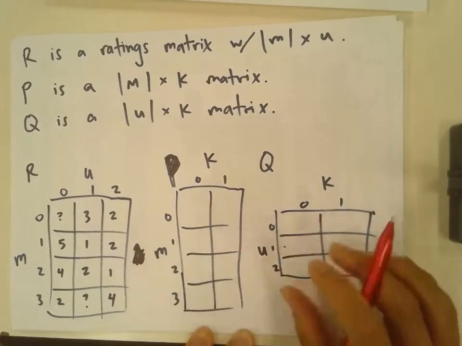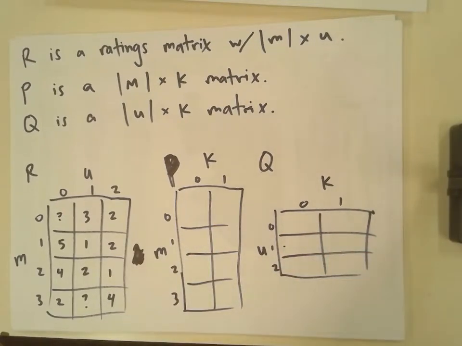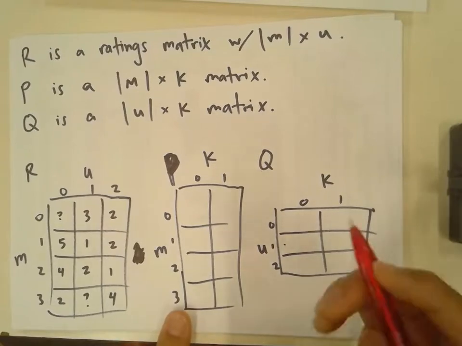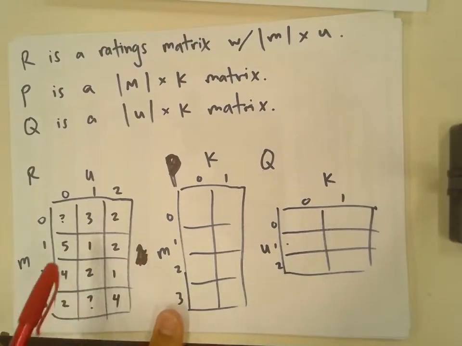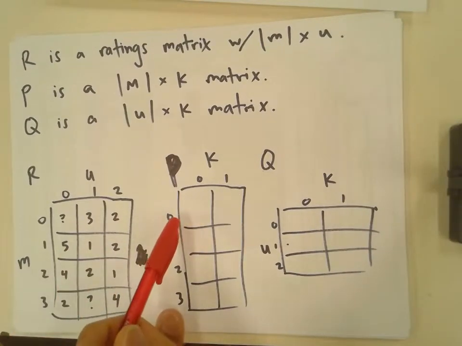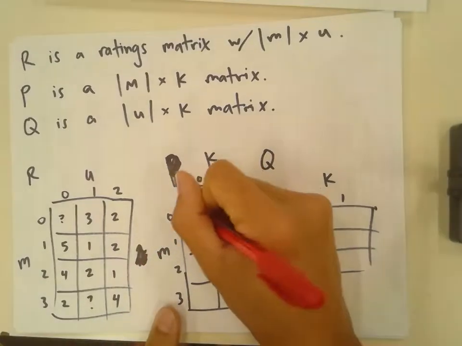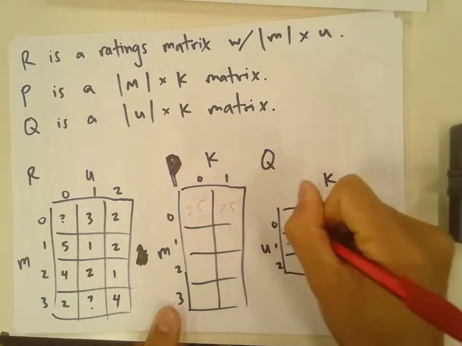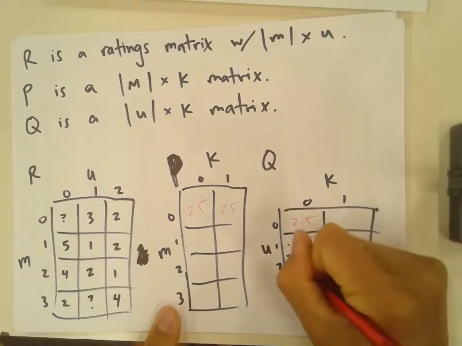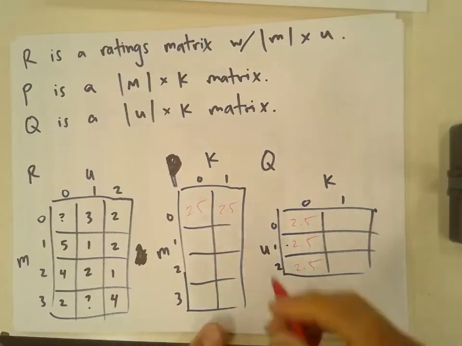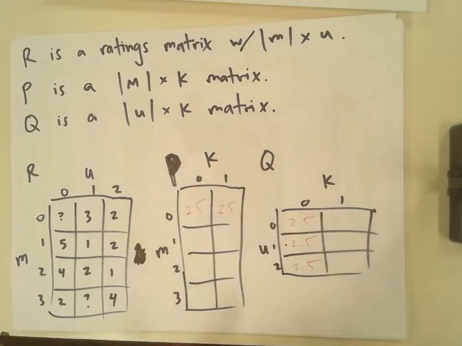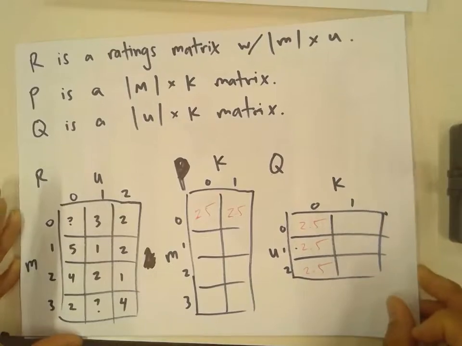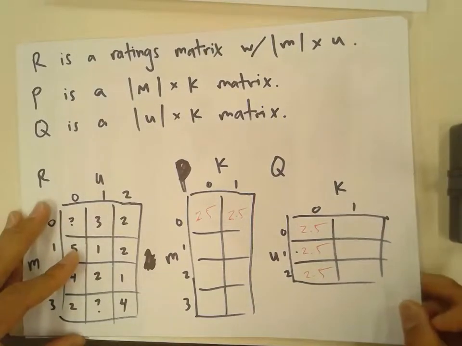We start with 2 matrices, and we can fill them with any values, negative 1,000, negative 1,000,000, and that's going to be our starting place. Since our ratings here are 1 to 5, a good starting point would be 2.5. So if we filled all of these values with 2.5 and use that as a starting place, that would minimize the number of iterations, or it just makes sense to start at 2.5.